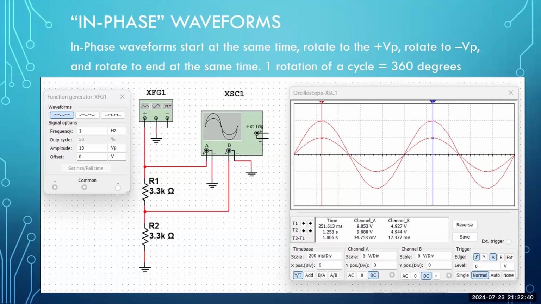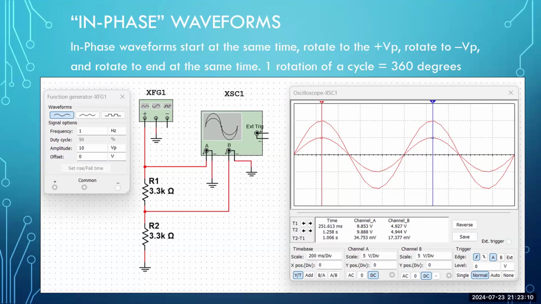If they have identical values, guess what the voltage across R2 is going to be? If R1 is equal to R2, does it make sense that the voltage across R2 is going to be half of the total? 2 resistors of the same value will divide the source voltage in half. So that's represented by the lower waveform. The lower waveform is traced exactly 1/2 of the upper waveform.